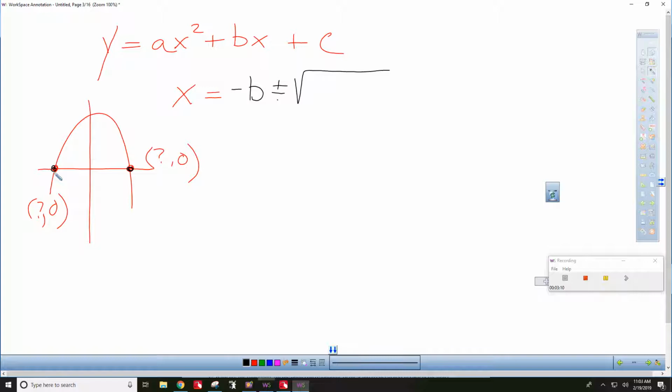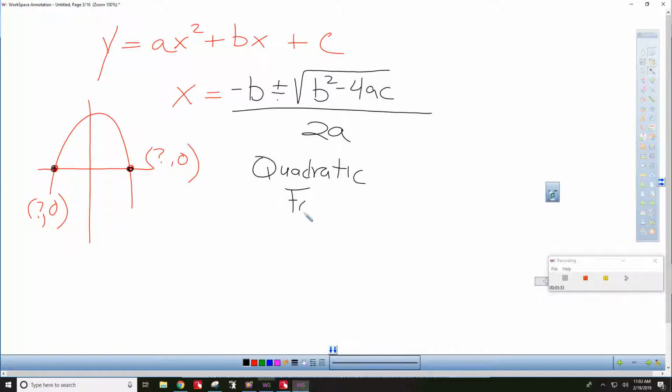So minus b plus or minus the square root of b squared minus 4ac all over 2a. That is called the quadratic formula. And just so you know, Carson, that's what the calculator formula is doing. It's doing that exact calculation for you.